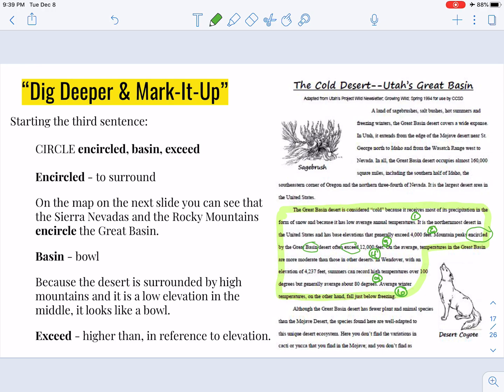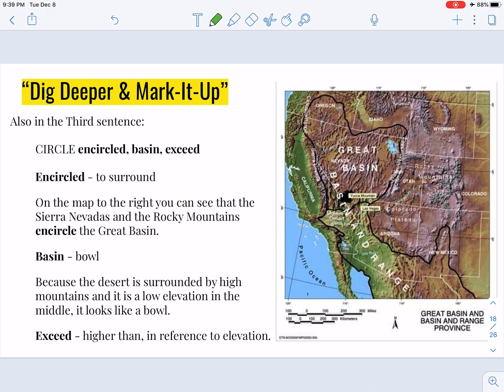Let's go ahead and let's look at this picture on the next slide. This area, I'm going to highlight it, the black area in green. This is our Great Basin. Now over to the side here, we have the Wasatch Front. Over here, we have our Sierra Nevada mountains.